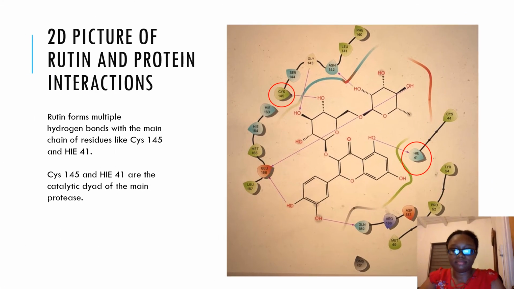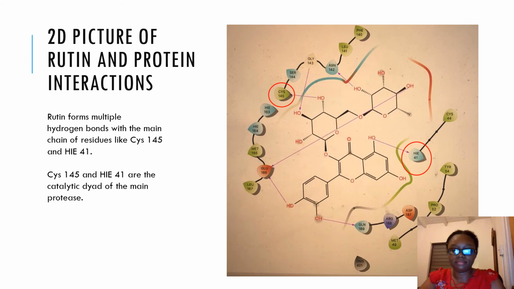In this picture is the 2D picture of the rutin and protein interactions. So as I said before, the rutin forms multiple hydrogen bonds, and the main ones are CYS145 and HIE41, which are shown in the red circles.